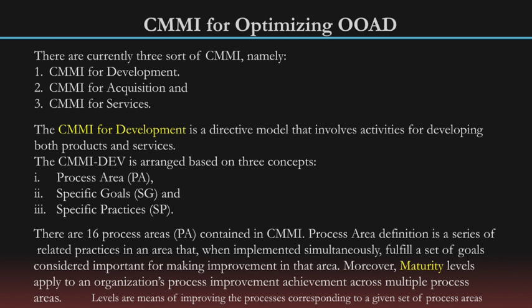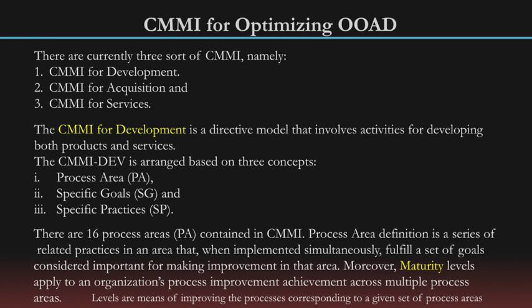There are 16 process areas contained in CMMI. A process area is a series of related practices in an area that, when implemented together, fulfill a set of goals considered important for making improvement in that area.